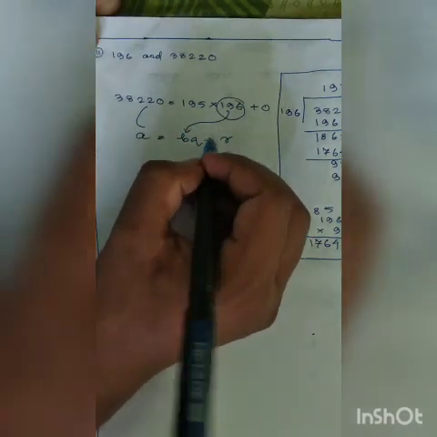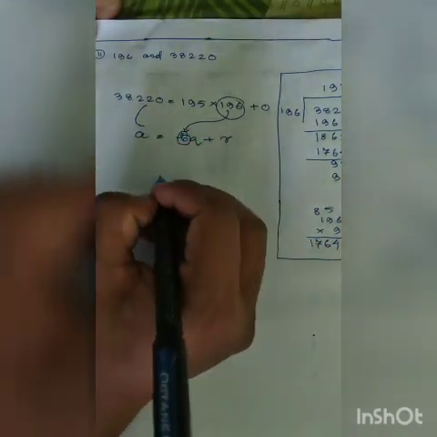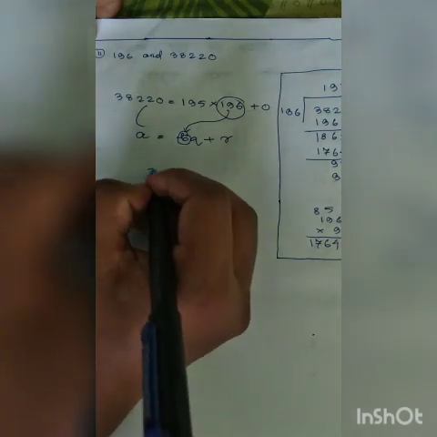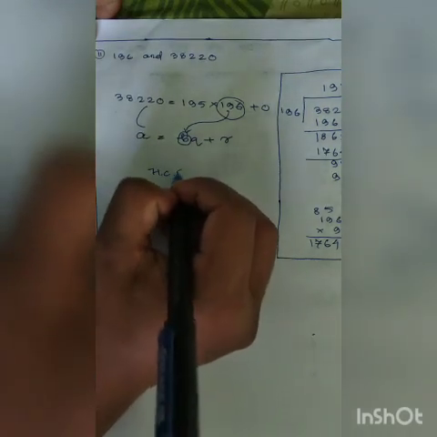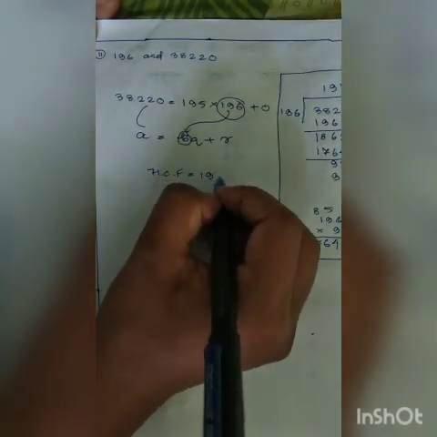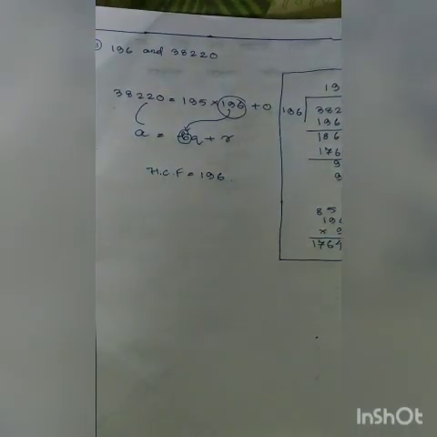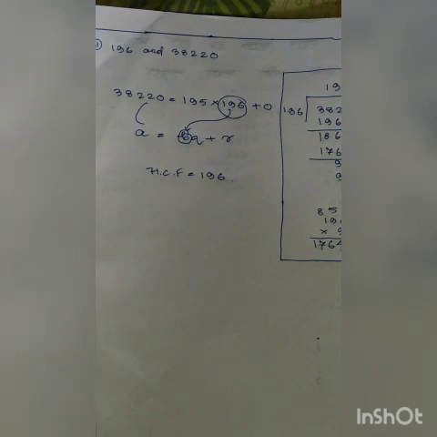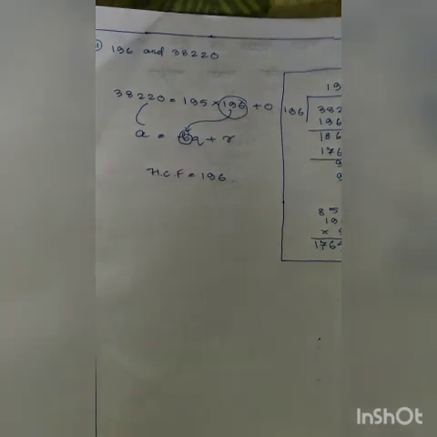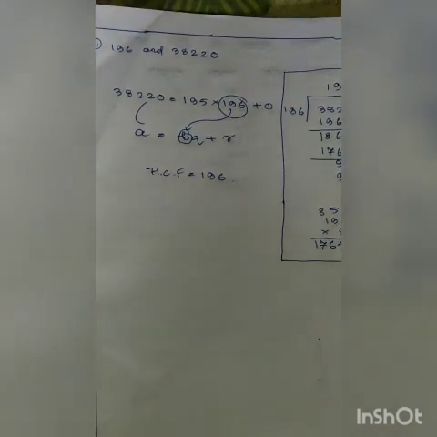As per the algorithm, B should be the answer. So B here is 196. So HCF is equal to 196. It is a very simple question, but in a very tricky way. The number is large, but the trick is to not get panicked by the number. It is a very short answer.